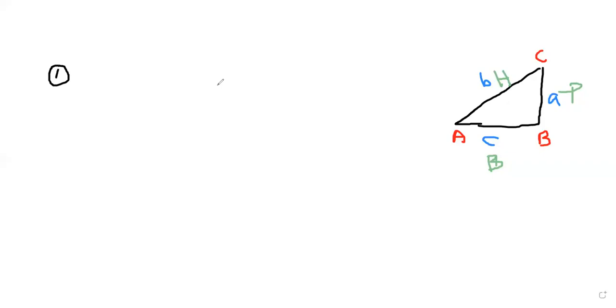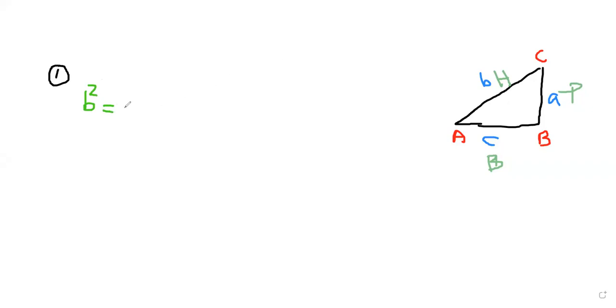To prove the first fundamental identity, we apply the Pythagoras theorem. We know that hypotenuse square is equal to base square plus perpendicular square.